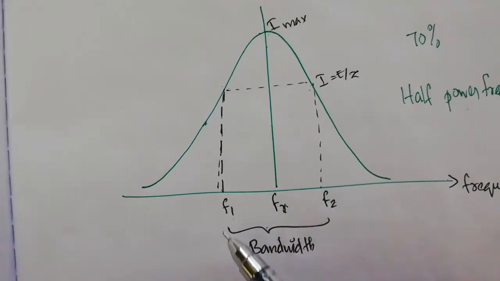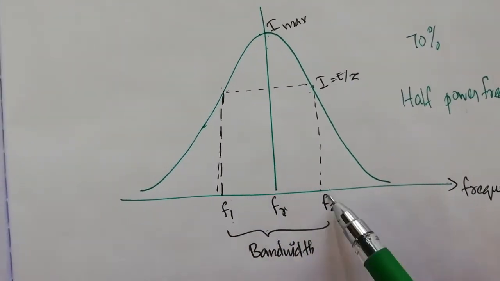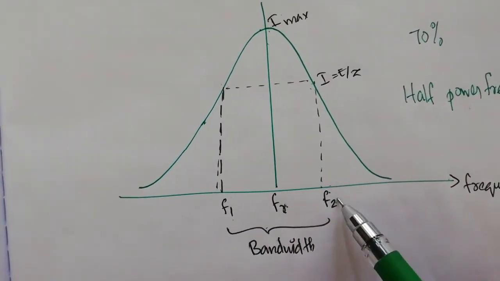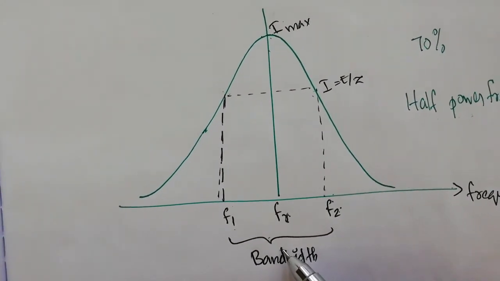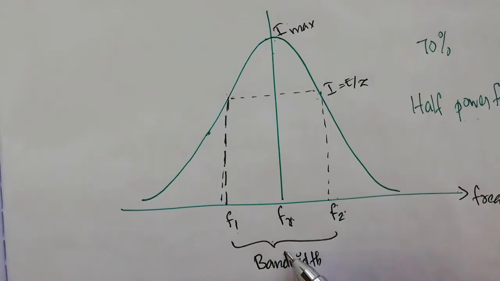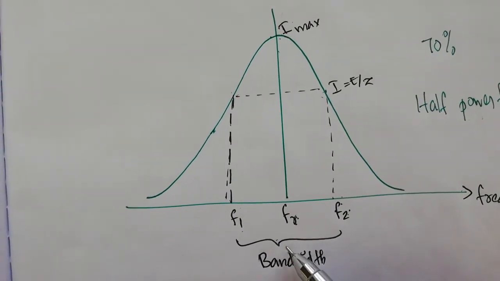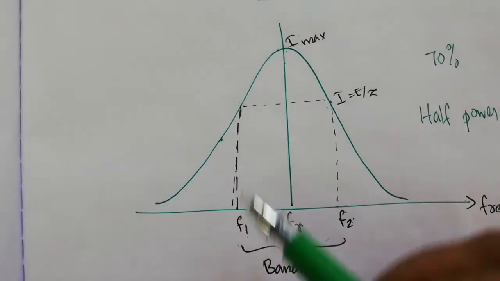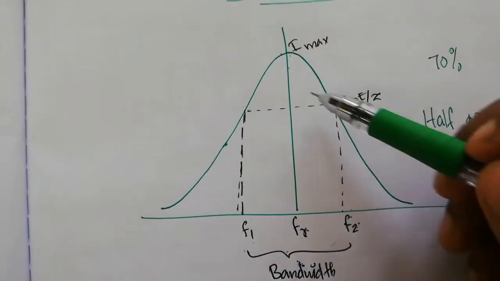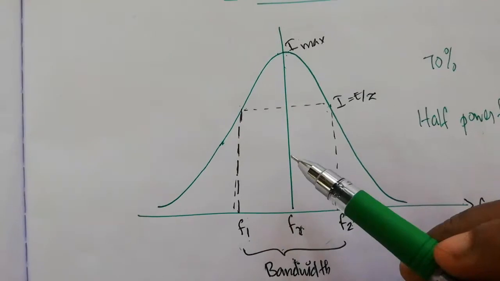The separation of these half power frequencies, that is F1 minus F2, is known as the bandwidth of the series LCR circuit. That is, the bandwidth represents the range of frequencies within which the resonance takes place in a series LCR circuit.